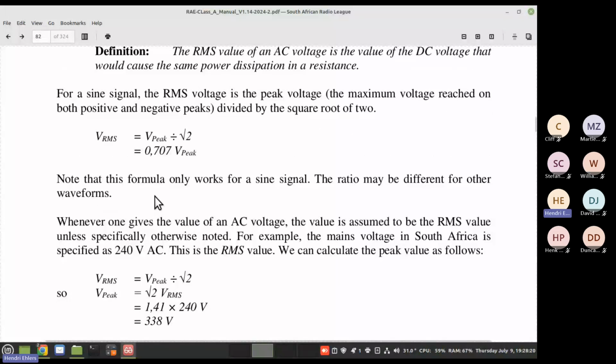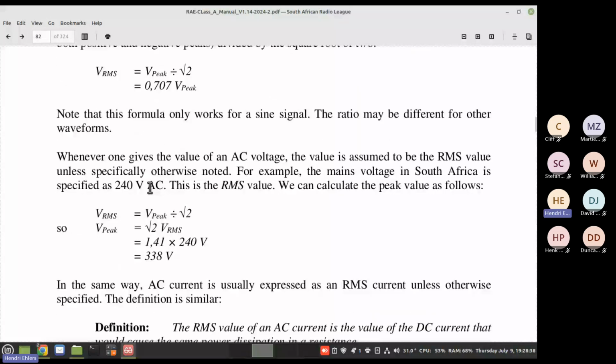Note that this formula only works with sine wave signals. The ratio may be different for other waveforms. So, yeah, that's only for sine wave, but in our circumstances, we're going to mainly work with sine waves.